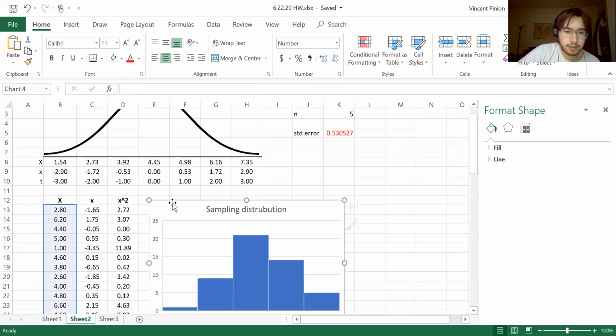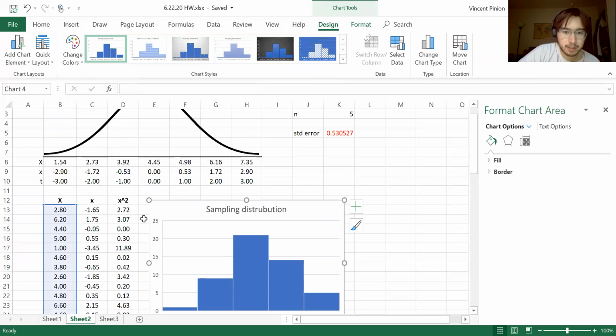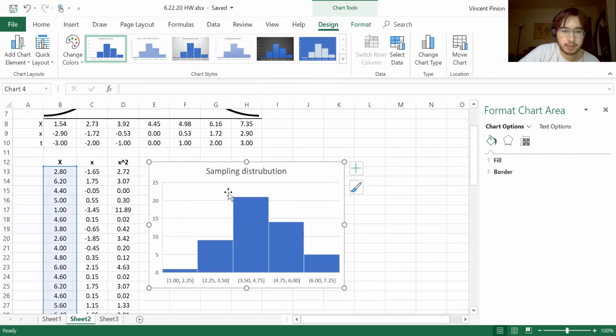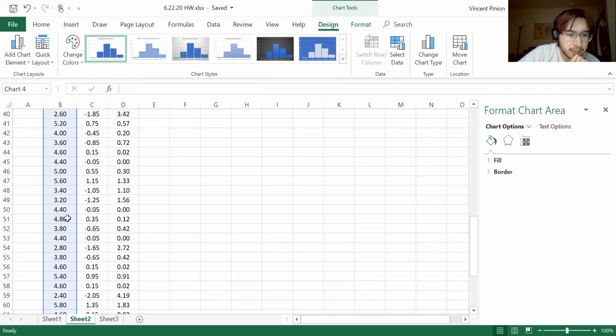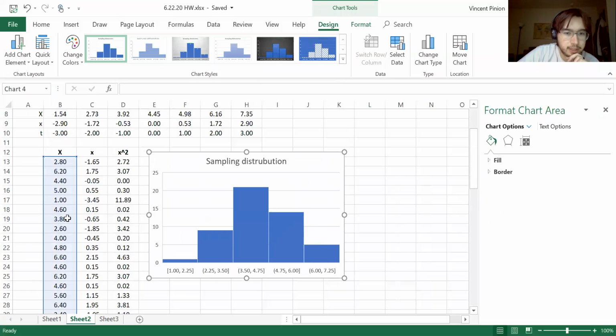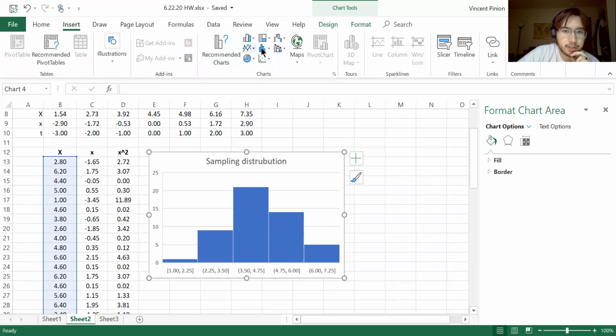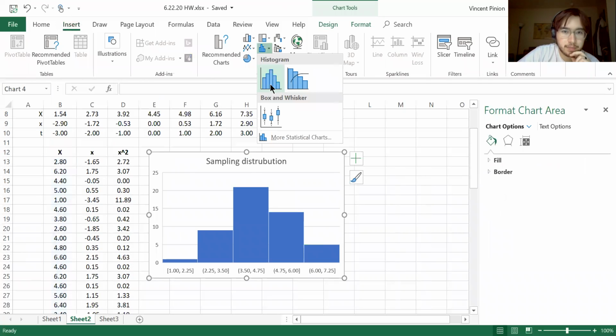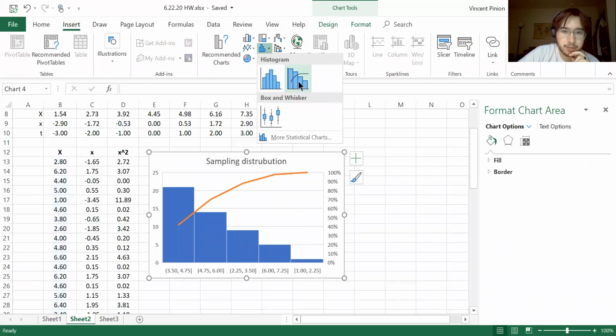So first of all, you have to make a histogram once again, and this time with the sampling distribution. Now, you highlight all those sample means that were in the book there in 7.2, and then once again, go to insert, histogram, this one right here. I'll do this one for example.